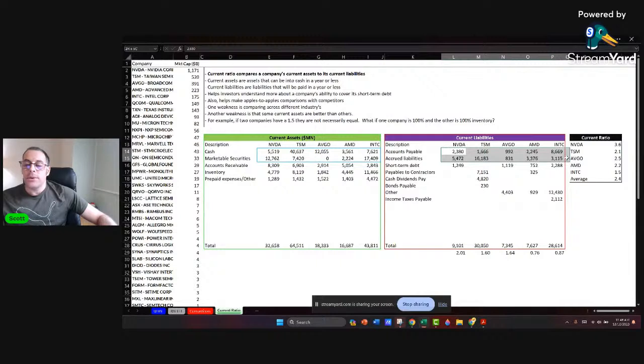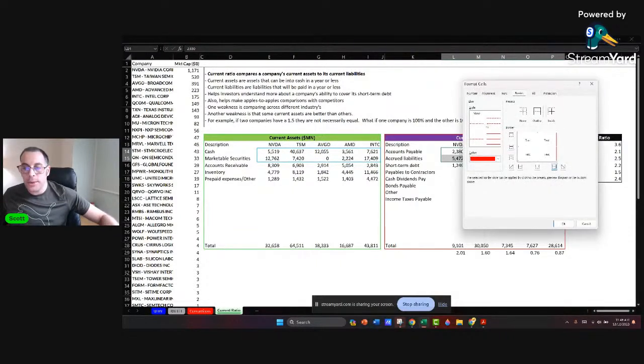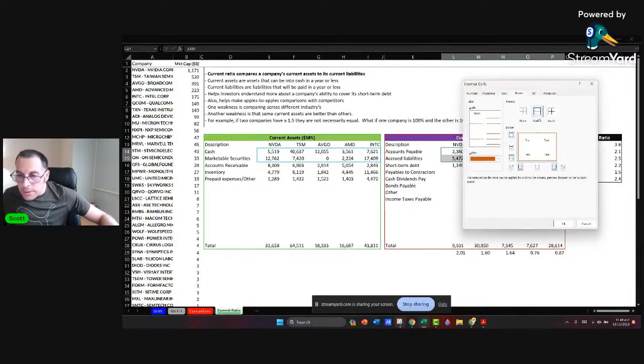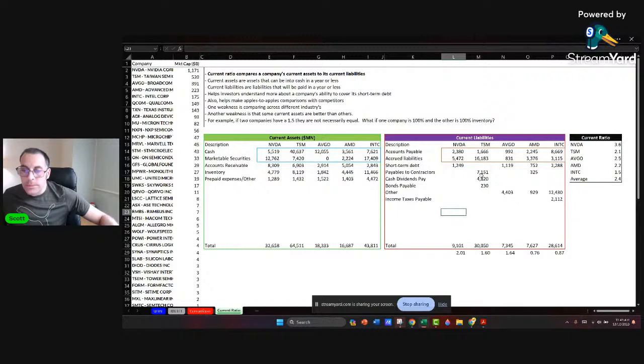So you may only focus on the top 2 lines here and say, well, I don't care about these bottom numbers so much. I just want to make sure they can cover their payables and accrued liabilities. And for Intel, it's 12 billion.